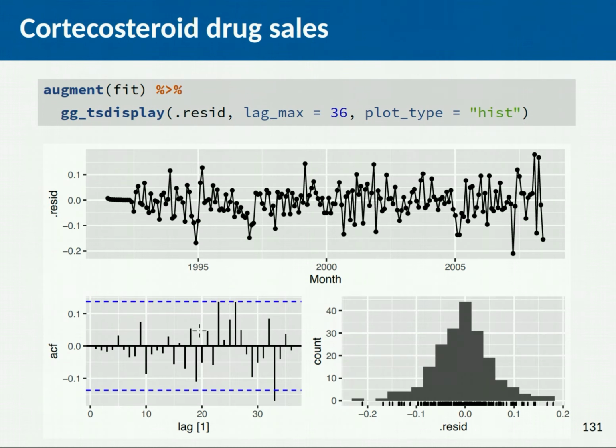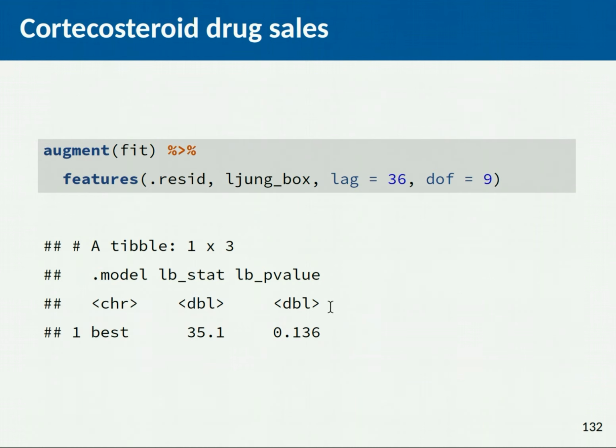We can take a look at the residual diagnostics. This seems to look better because there's only one spike out here. Then you have your p-value, which is 0.13, so it's greater than 10%, which is good. It tells us that the errors are pretty much white noise for a lag of 36.